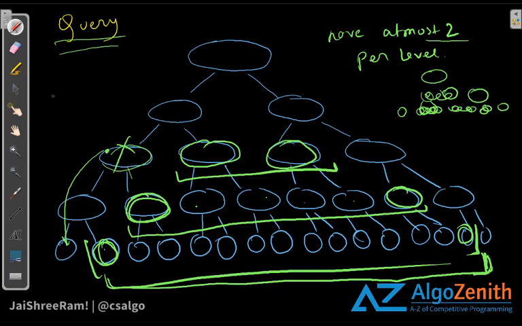Why? Because suppose you have 3 nodes in a particular level, by the pigeonhole principle 2 of them will get paired up in the upper level. There will be 2 nodes which can be paired up in the upper level for sure. So you won't be using those 2 nodes and rather use the node that is 1 level up.